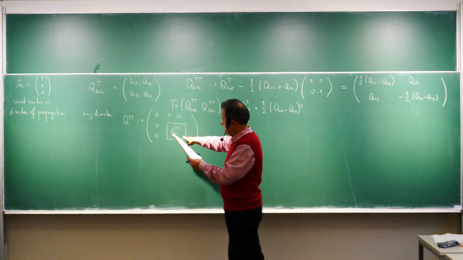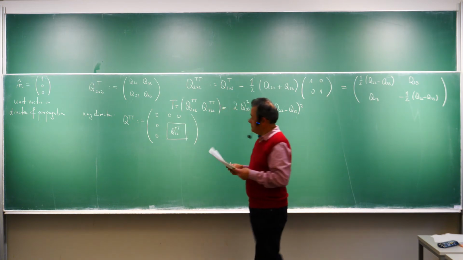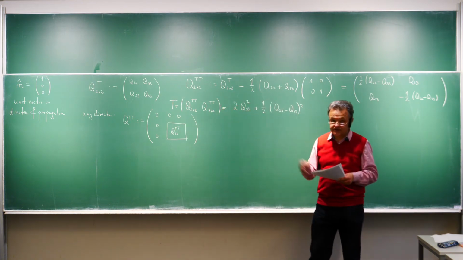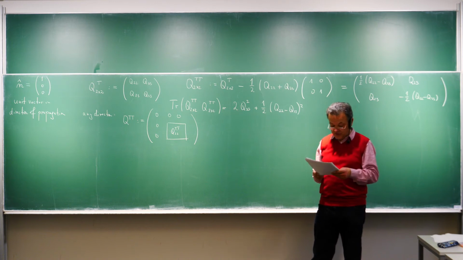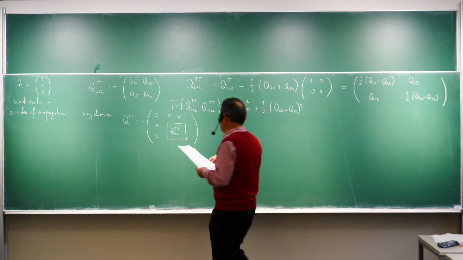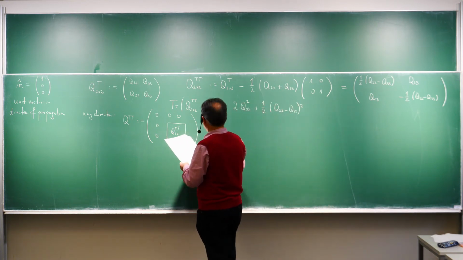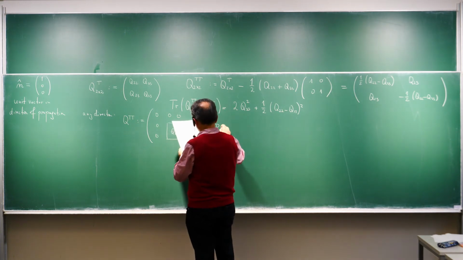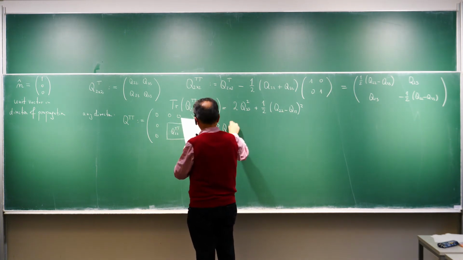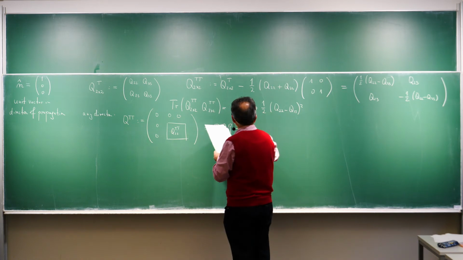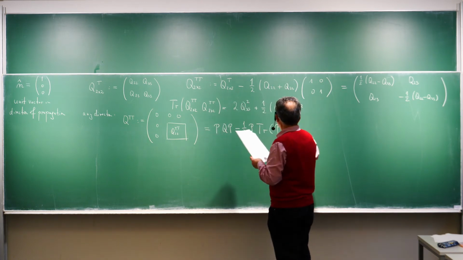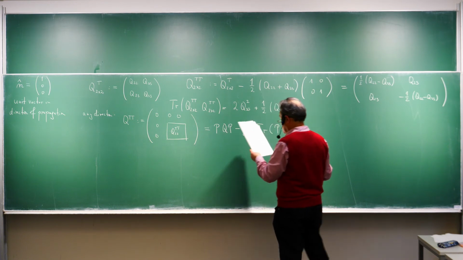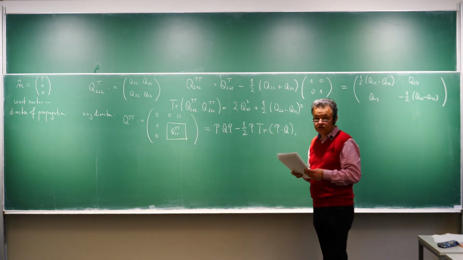This is defined for a general matrix where you have Q11, Q12, and so on. Now it's a little bit of formalism, but I can write this in the form P Q P minus 1/2 P trace of (P Q), where this P is a projection orthogonal to the x direction.